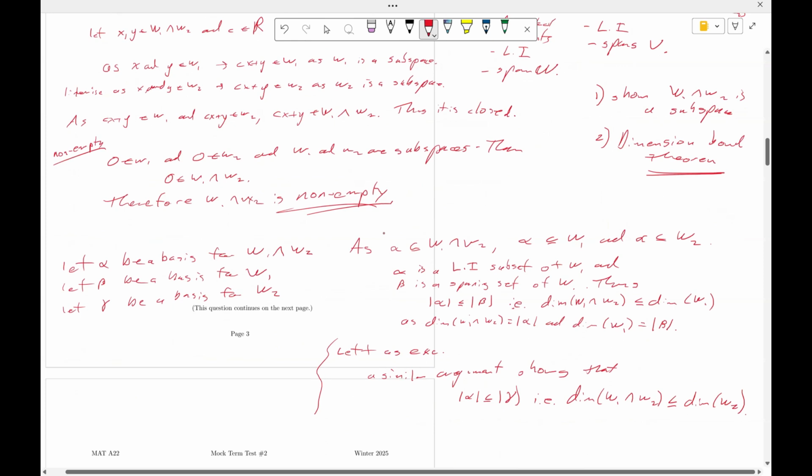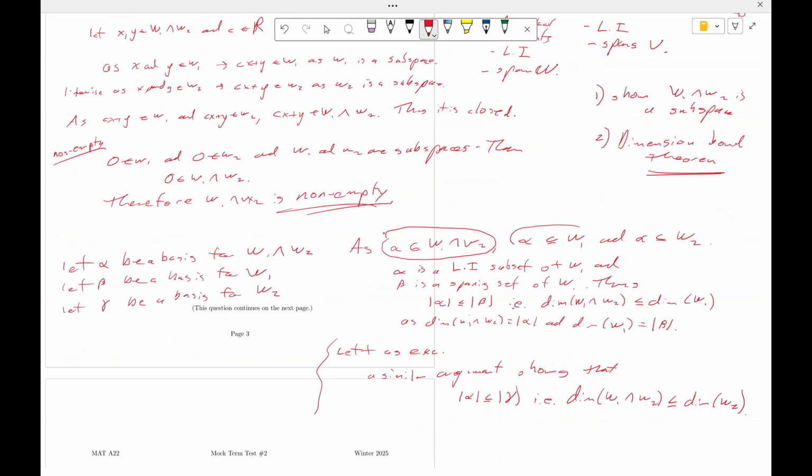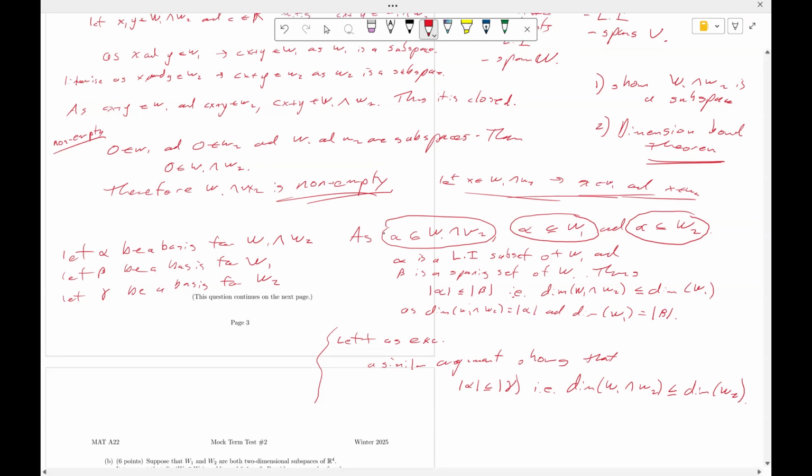There's a little bit here of the intersection of two sets being a subset of each individual set. That is a property we used here, but if you wanted to, let x be in W1 intersect W2, then x is in W1 and x is in W2 by definition. It's not terribly difficult, but you could go through that proof as well.